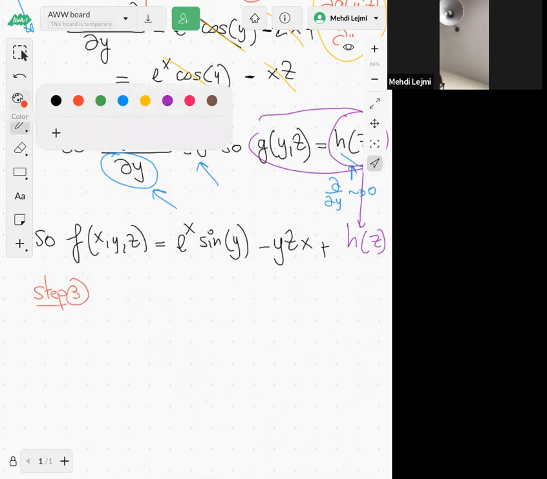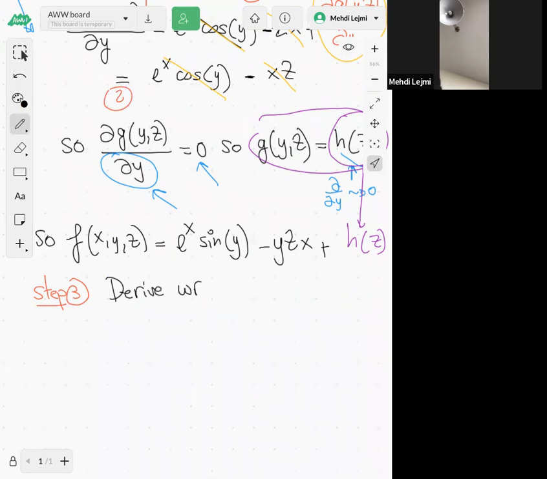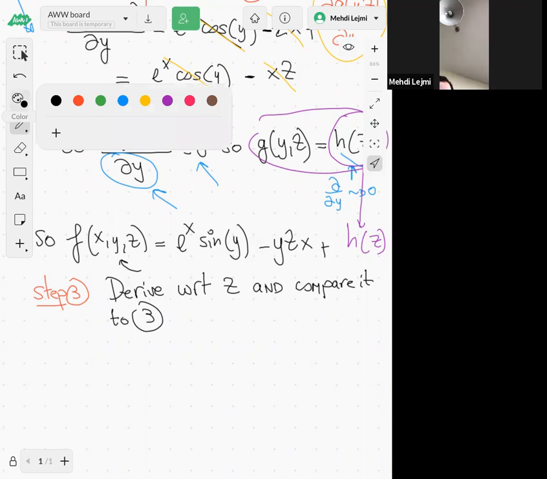We're going to derive f with respect to z, of course the f we get from step number 2, and compare it to equation number 3. So what will be the derivative of this function f that we got in step 2 with respect to z?